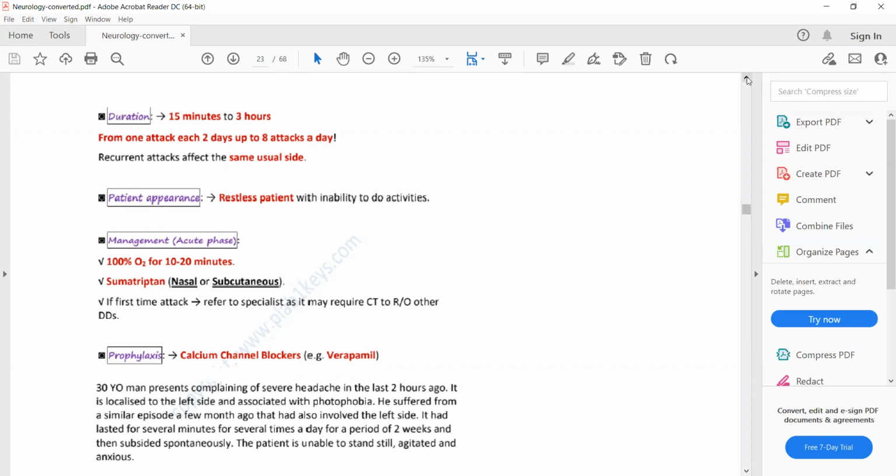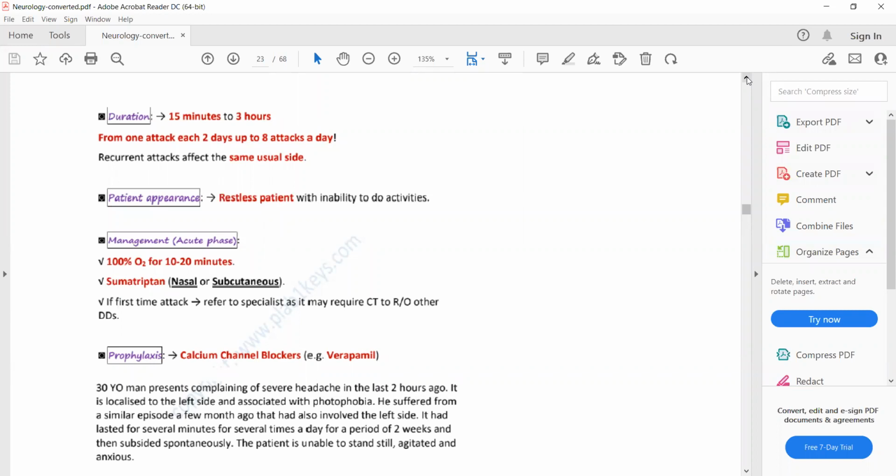What will be the appearance of the patient in case of migraine? The patient would like to stay in a dark place, resting and not agitated. Yes, that's right.